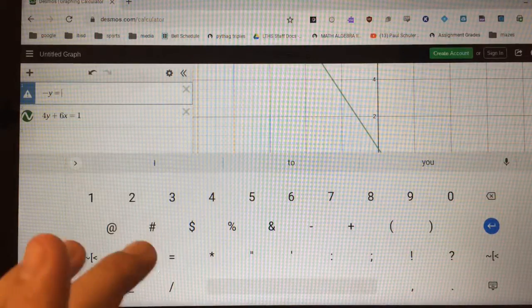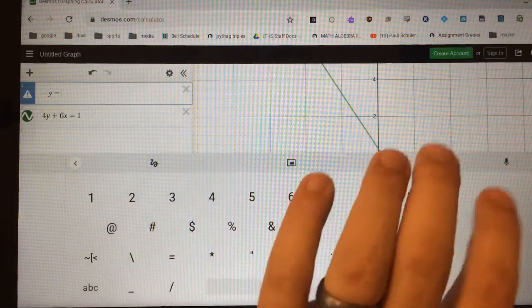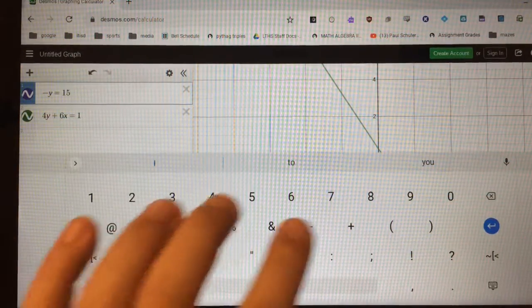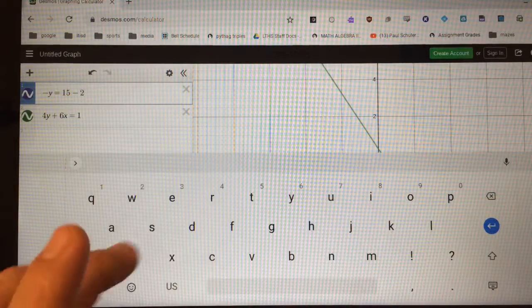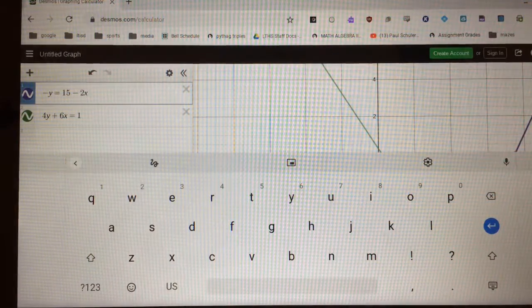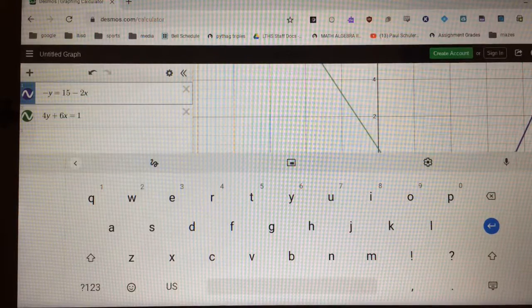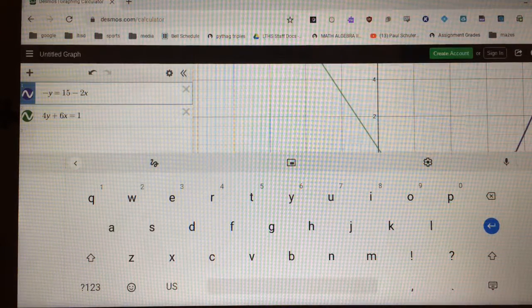Negative y equals 15 minus 2x. So yeah, take a minute, type that in.